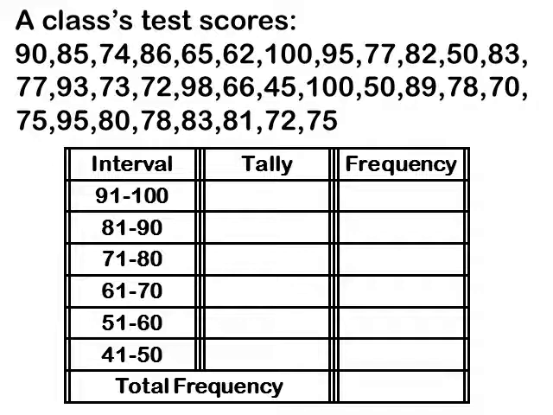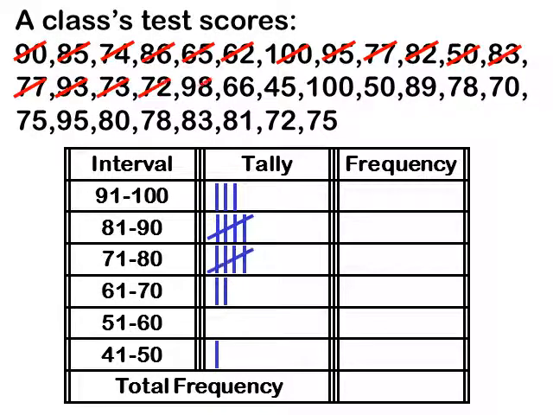As we learned prior, we are going to mark off each of our test scores, tallying it within its corresponding interval, and totaling the tallies in the frequency column. Although this may be time-consuming, you can see that it will be helpful when we construct our histogram.